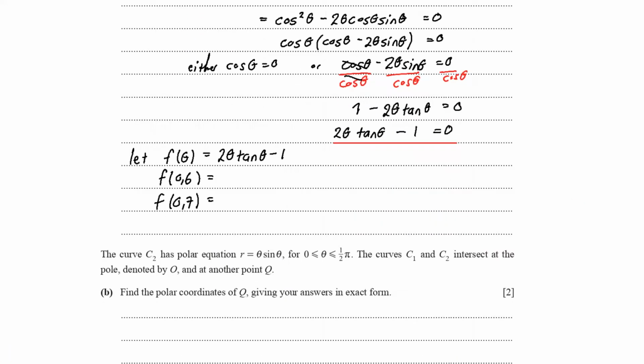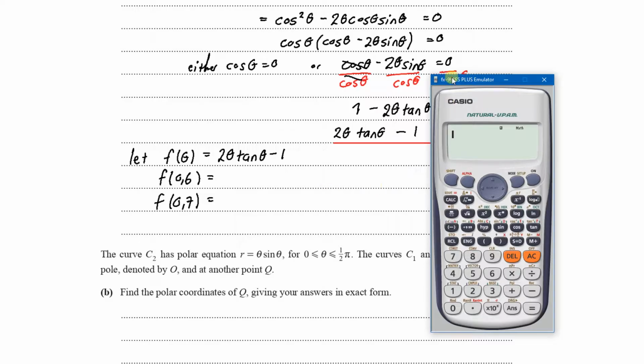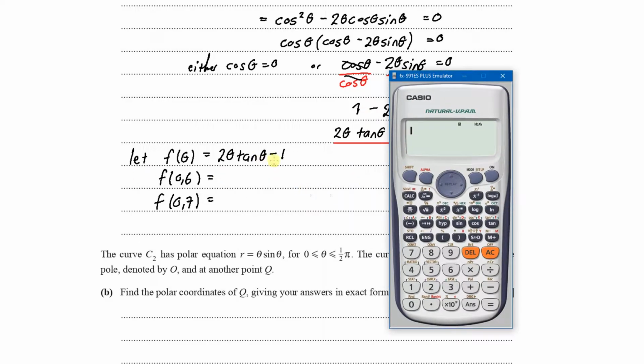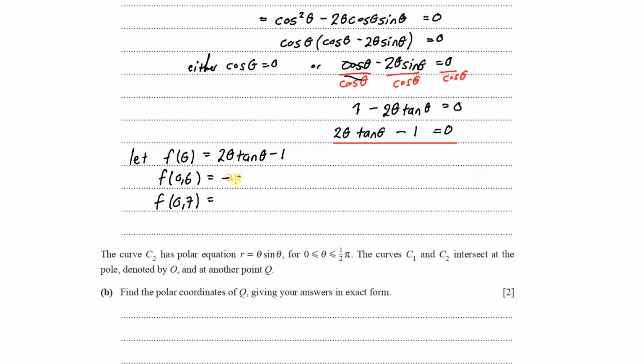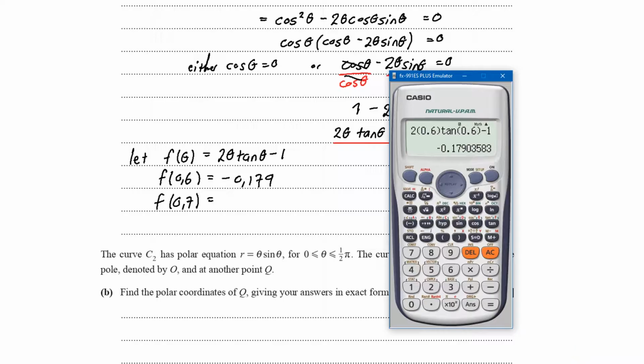So I'll take the calculator here, and we start with f of 0.6. Make sure that you're in radians. So 2 times 0.6 times tan 0.6, and that's minus 1. And we get minus 0.179. And again, for 0.7, that's 2 times 0.7 times tan of 0.7 minus 1.